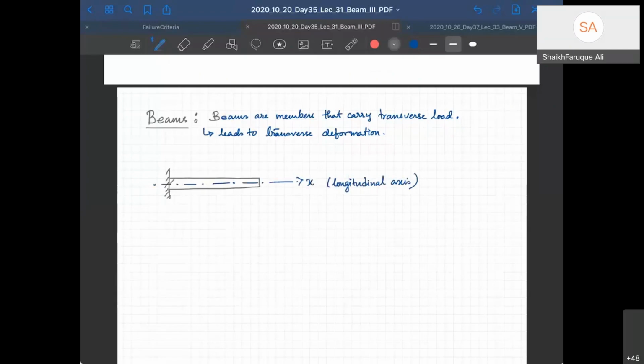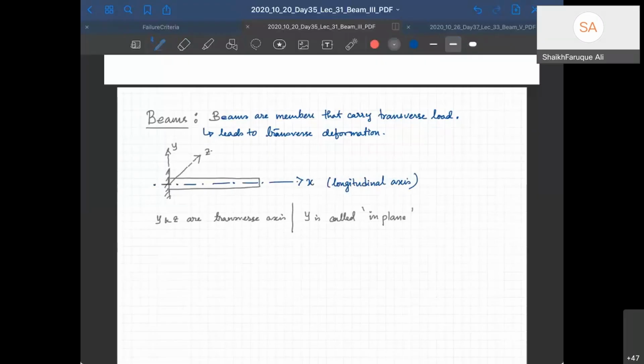So it can be this direction movement also, or it can be this direction movement also, right? Y and Z are transverse axes. Okay, Y is called in plane. And Z is called out of plane.